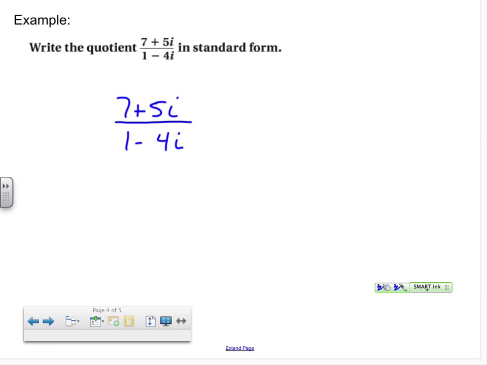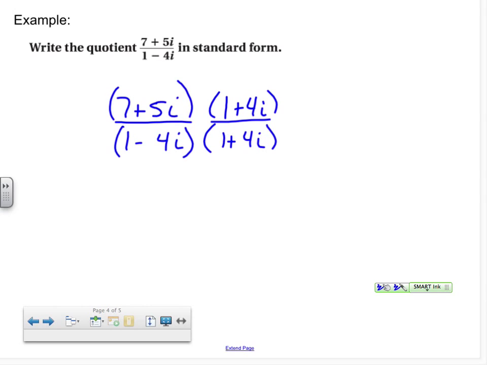And I can change the denominator by multiplying by the conjugate. However, that changes the problem. If I multiply part of the problem by something, I've changed it. So I need to keep balance, and that's where I multiply the top also by 1 plus 4i. Really, what I've multiplied by is 1, because I've multiplied the top and bottom by the same thing.